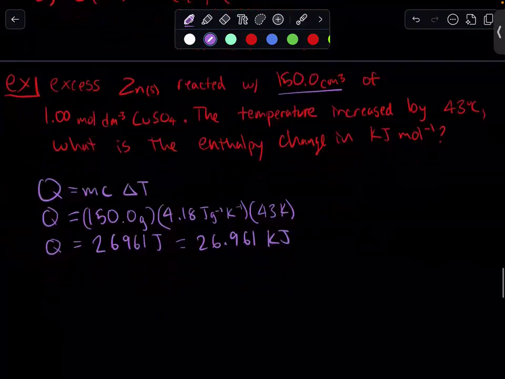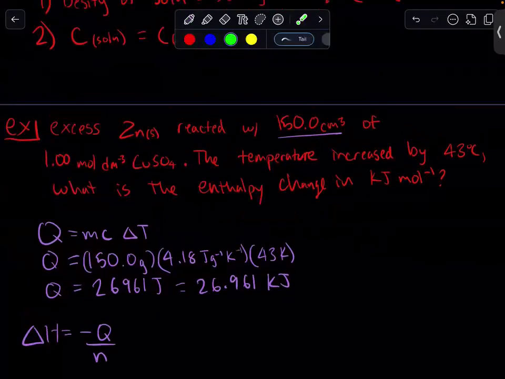But now for delta H, we know that we need our moles. So when we're doing this reaction, we need to know what we're getting our moles of. Now, we know our zinc is in excess, therefore our copper sulfate must be limiting, so we're going to be using moles of copper sulfate.